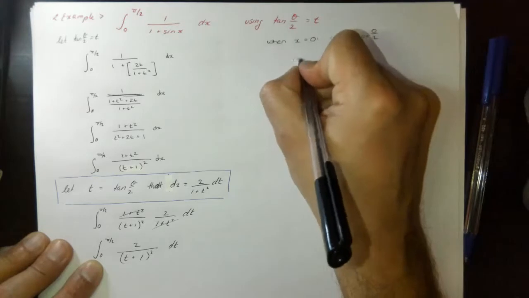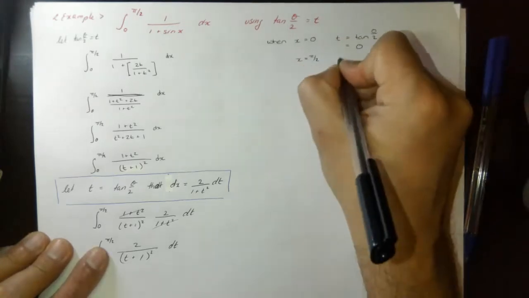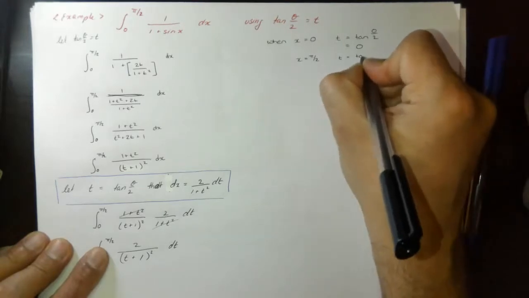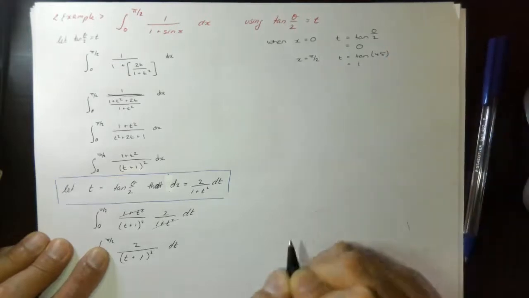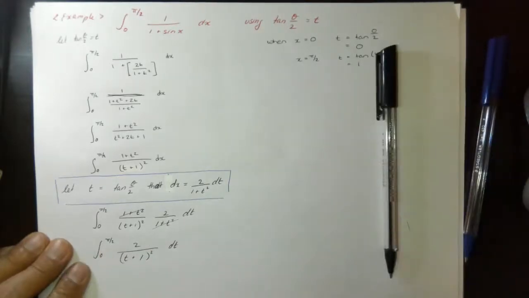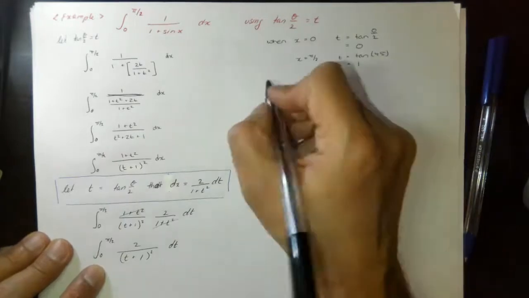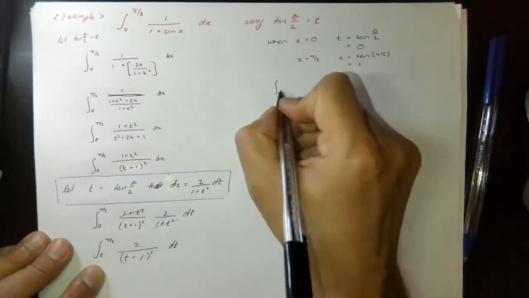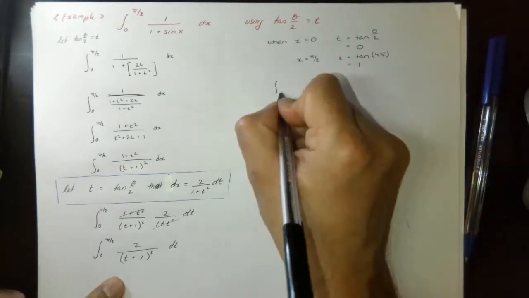And when x is equal to 90, we get tan of 45, which is 1. So we have from 0 to 1.